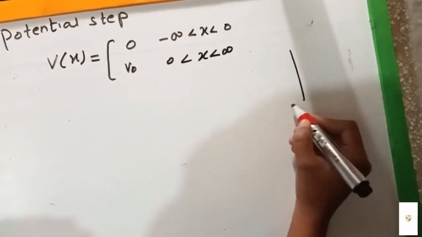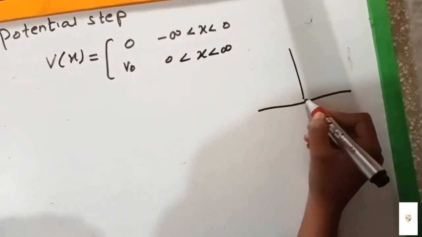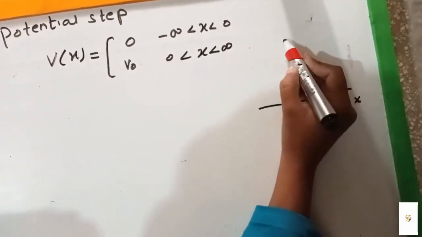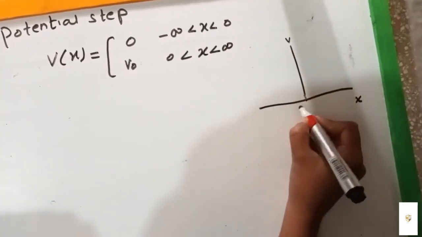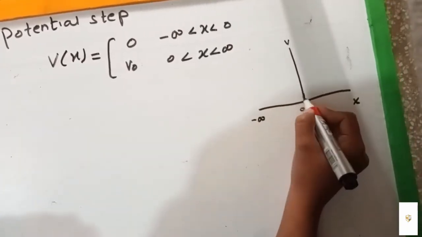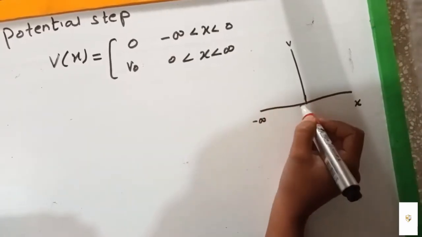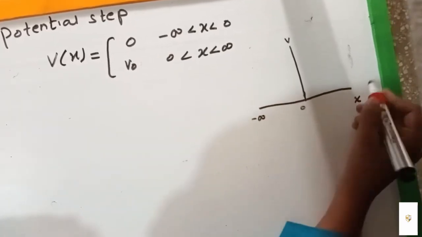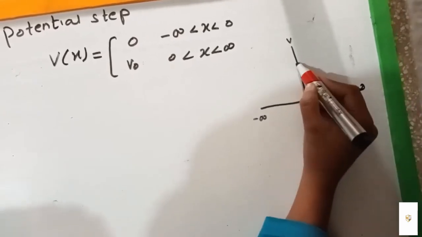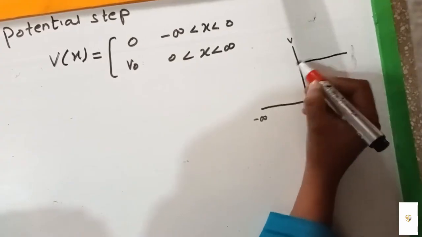If we draw, this is x and this is V0. From minus infinity to 0, V is equal to 0, and from 0 to infinity, V of x is equal to V0.